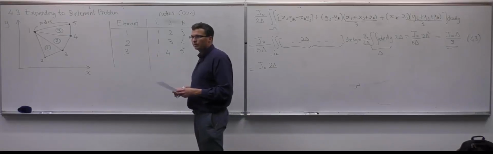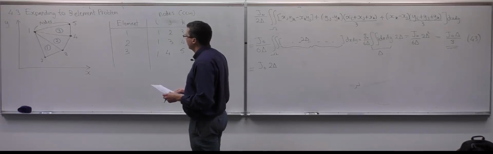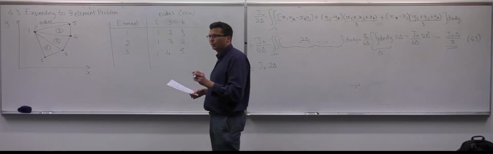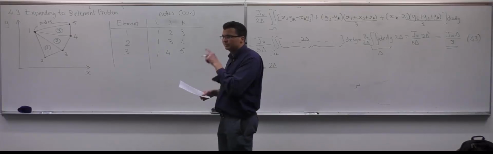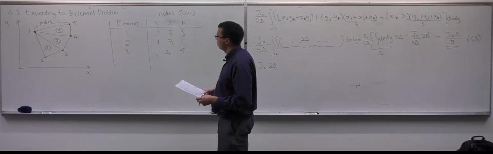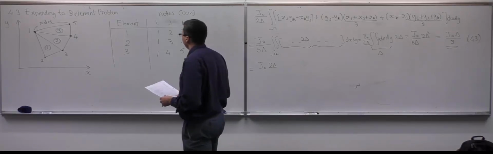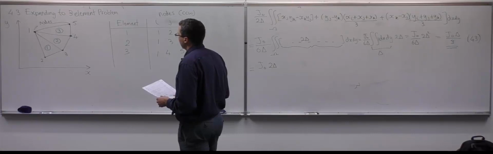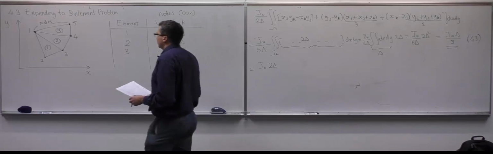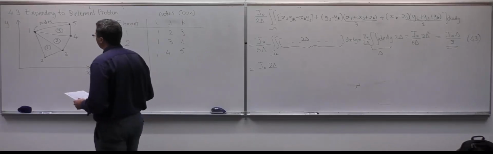Doesn't matter where you start, but it's probably good to start in a corner of the problem. But for each given element, like element 2, you could say it's 3, 4, 1 instead of 1, 3, 4, as long as you're consistent with the starting point.